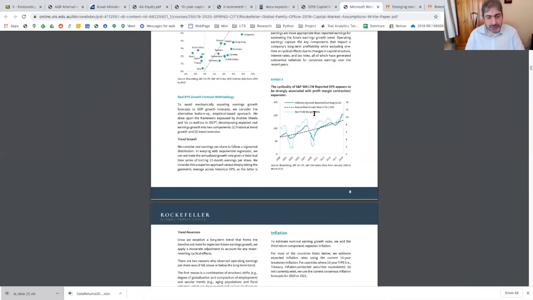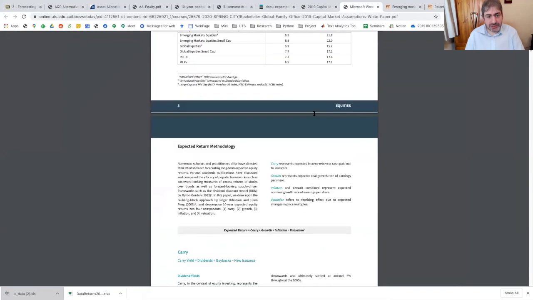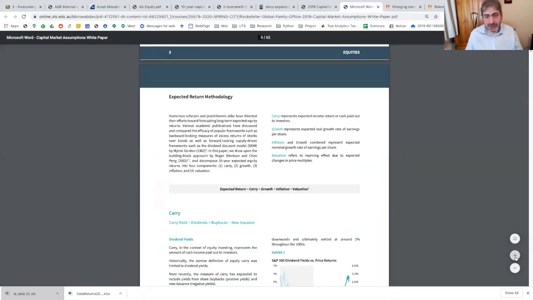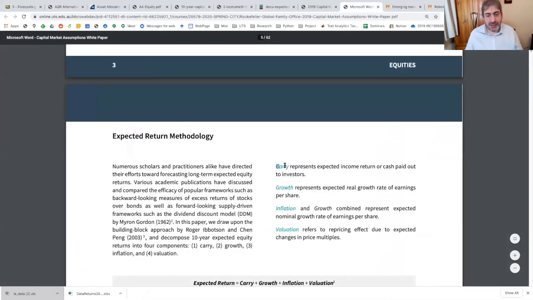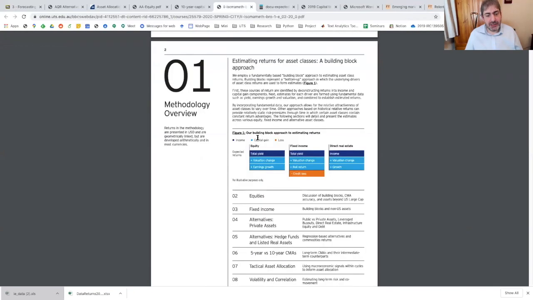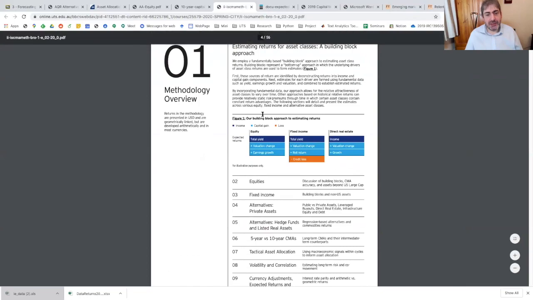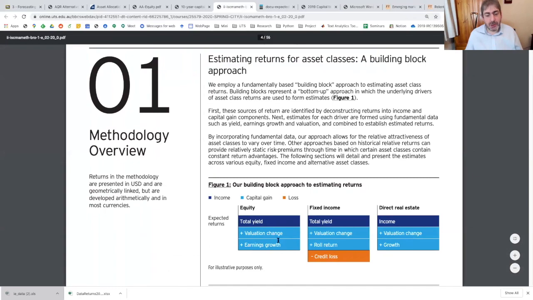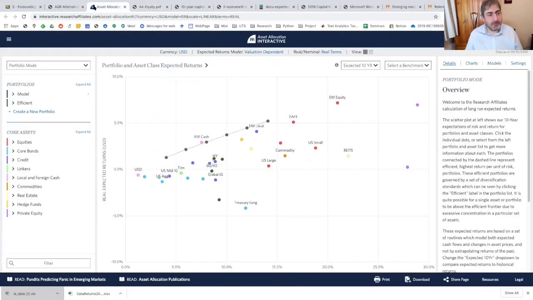So this is Rockefeller, and Rockefeller says our expected return growth model is the sum of four things: carry, that is the yield, they call it carry, growth, inflation, and valuation change, okay? This is Invesco that we've already seen, and Invesco has yield, earnings growth, valuation change. So most of them use 3 components, okay?